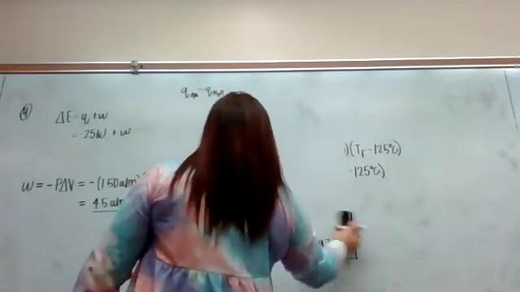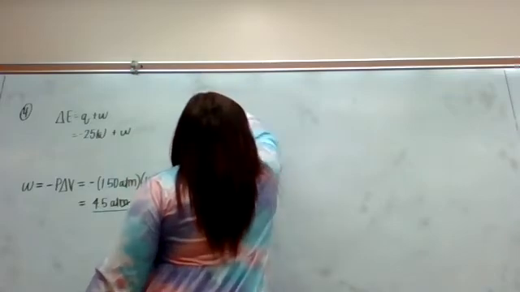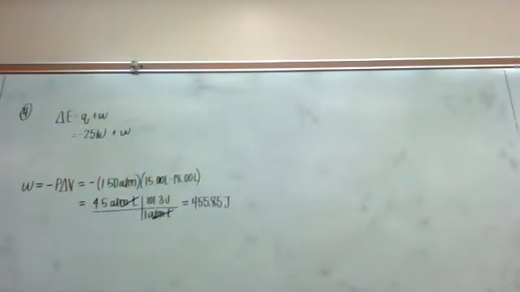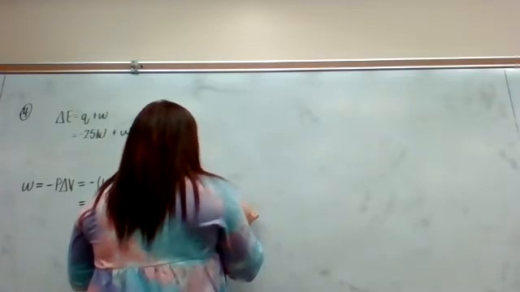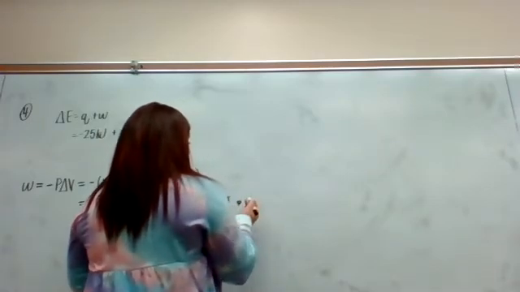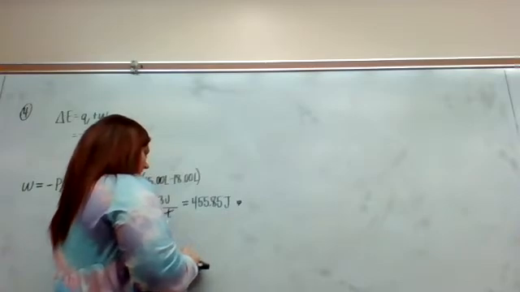I get 455.85 joules, but really can't stop there either. I need my heat and my work in the same unit. So I either need to convert both of them to joules, or both of them to kilojoules. I just converted this to kilojoules. To do that, divide by 1,000 or move your decimal 3 places to the left.